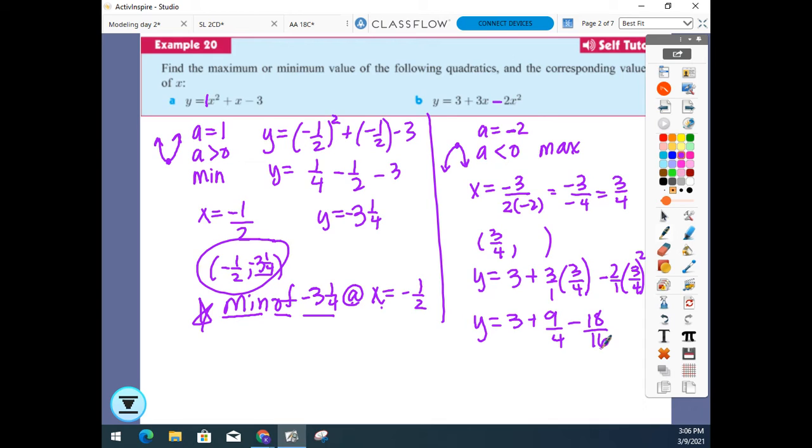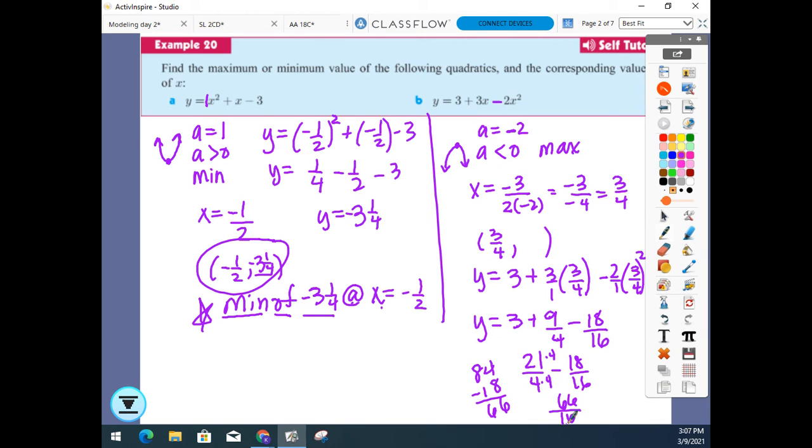All right, so let me just make this all together. 4 times 3 is 12, plus 9, this is 21/4. And if I want to subtract it from 16, I'm going to multiply top and bottom by 4. So that's going to be 84 minus 18. So this is going to be 66 over 16.